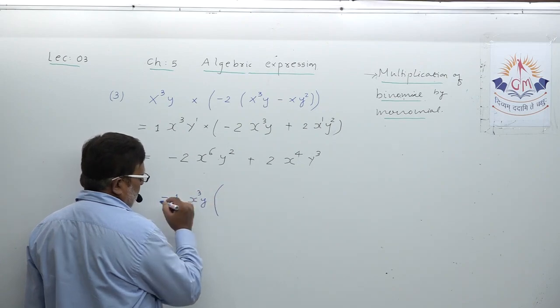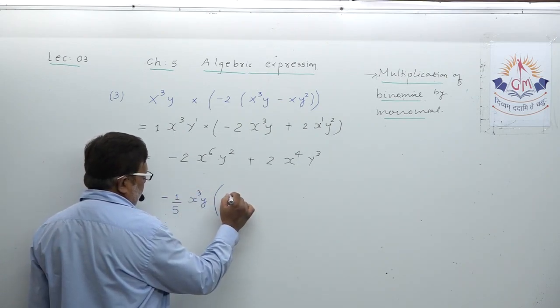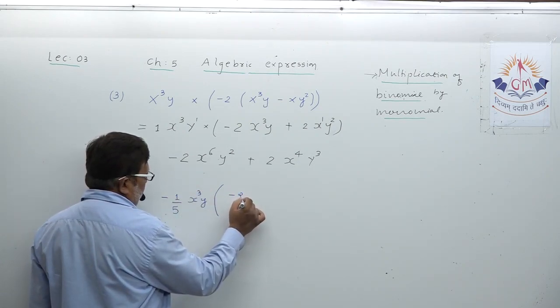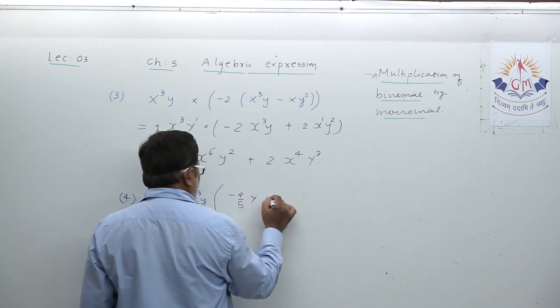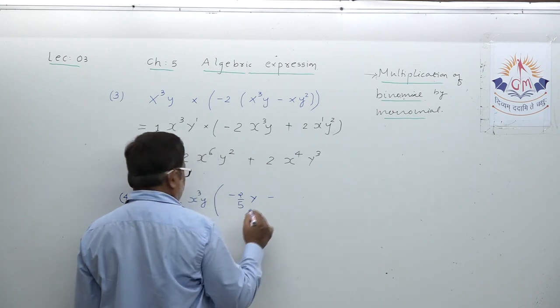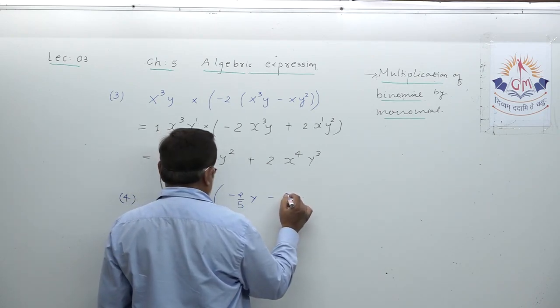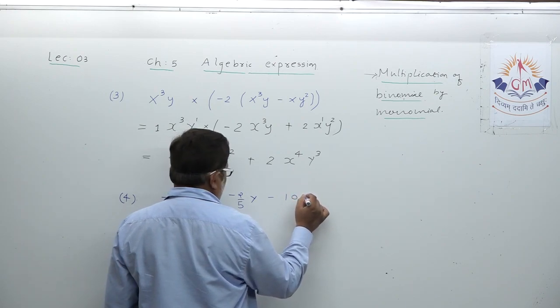Here I am writing minus 2 upon 5 y minus 10 x.